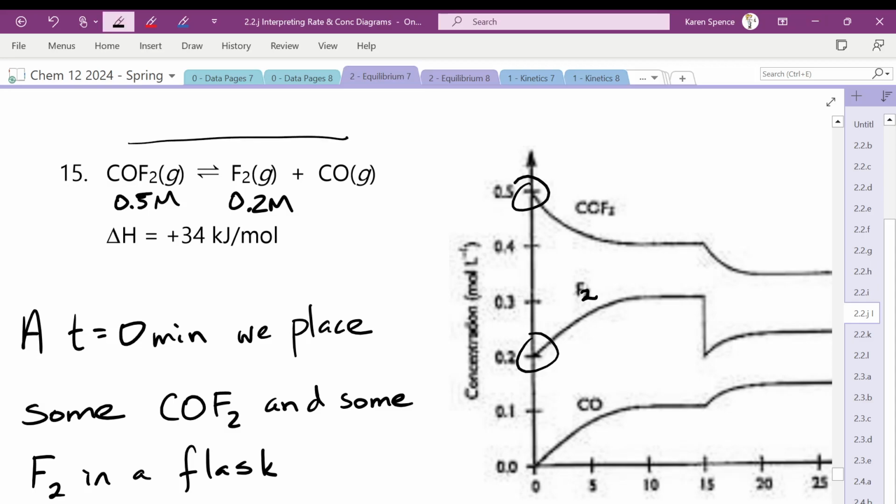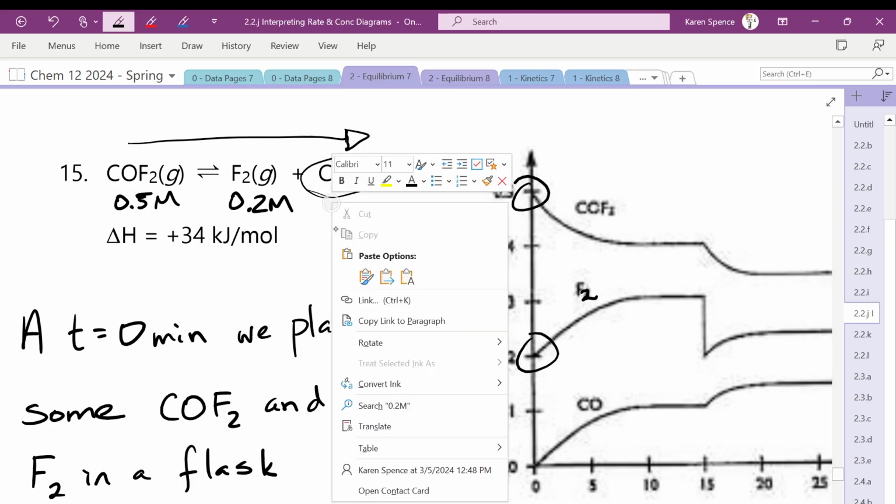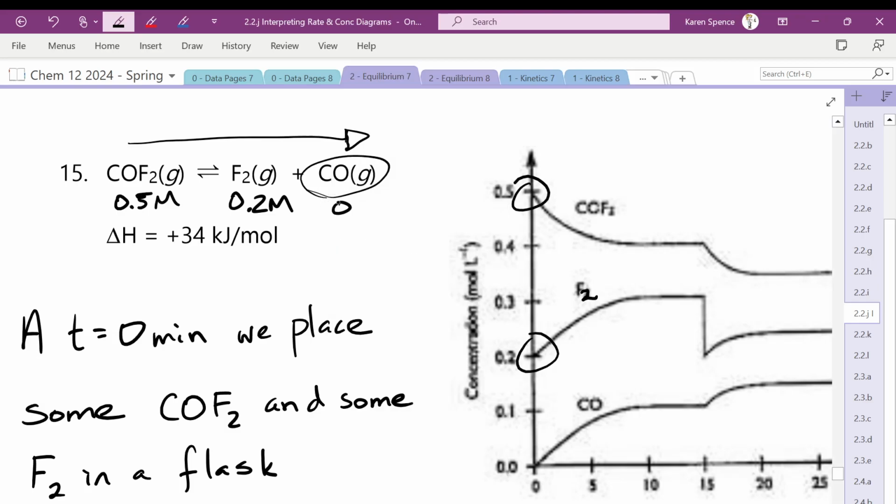It has to shift to the right because I don't have any CO. The reaction cannot go backwards yet because I'm missing a reactant. Because I haven't put any of this in, that's at 0, right? And if I have 0 of that, the reaction cannot go to the left. So I have to shift to the right.